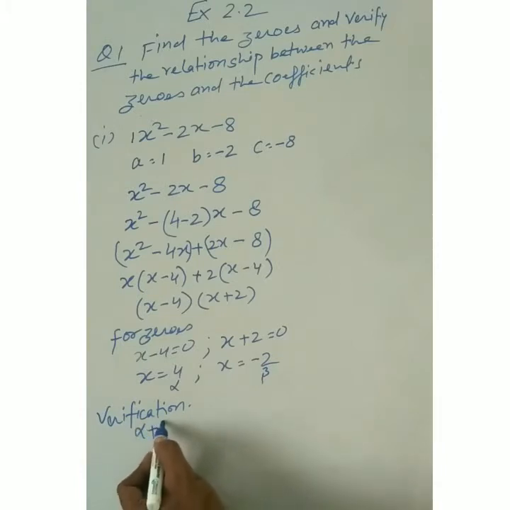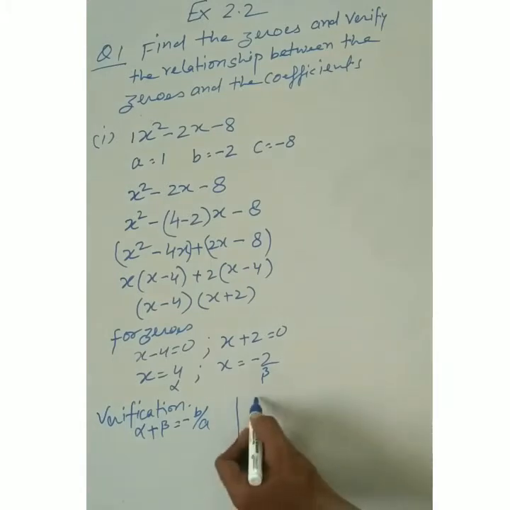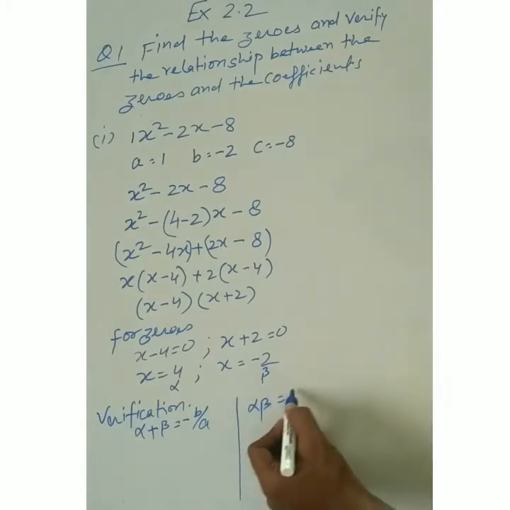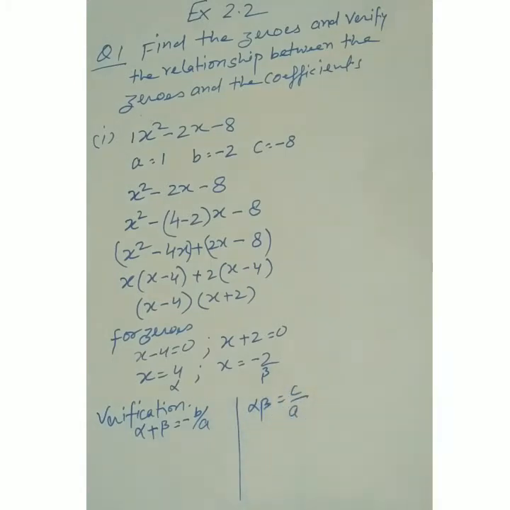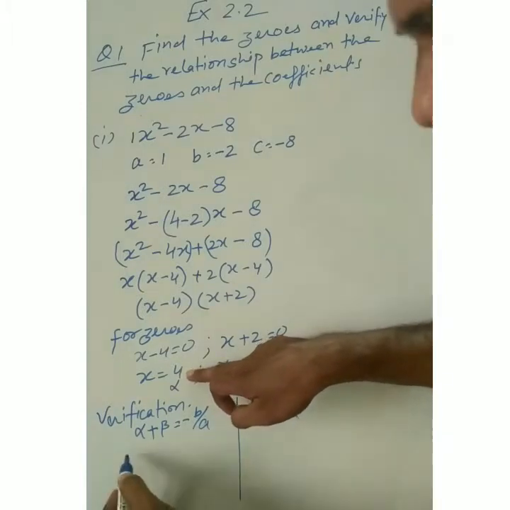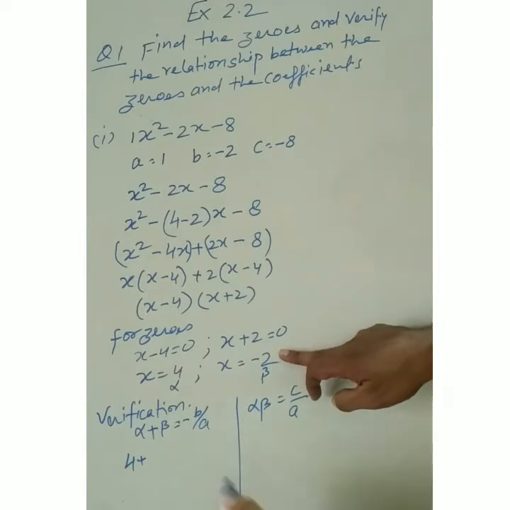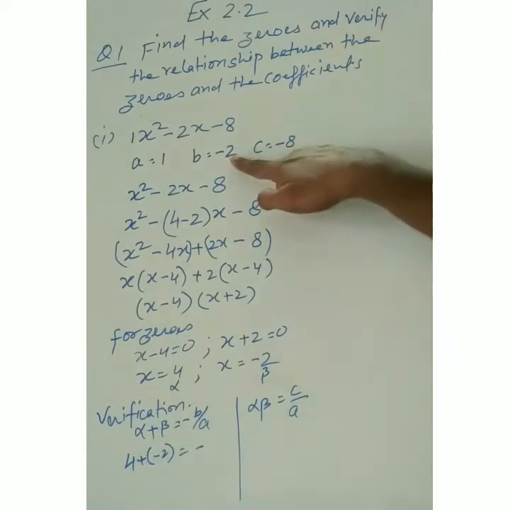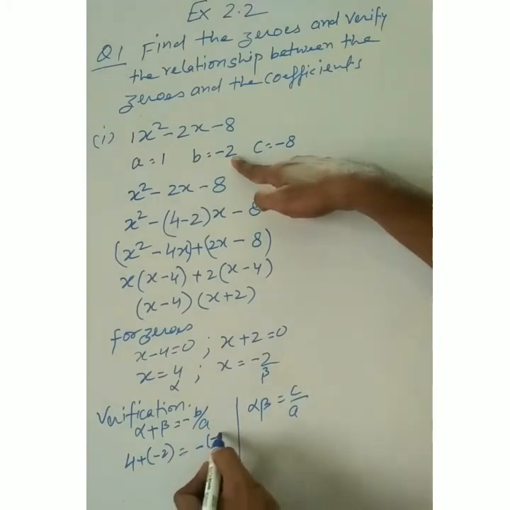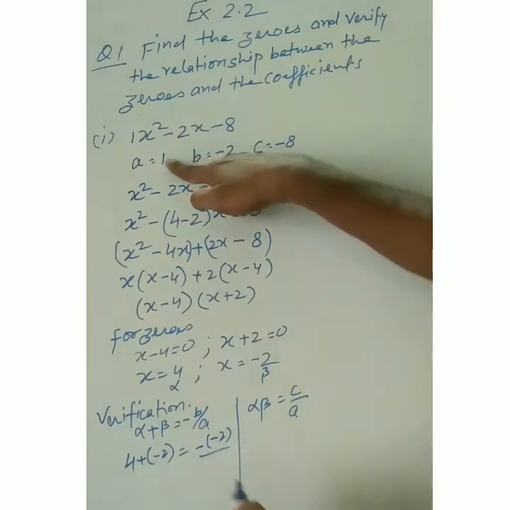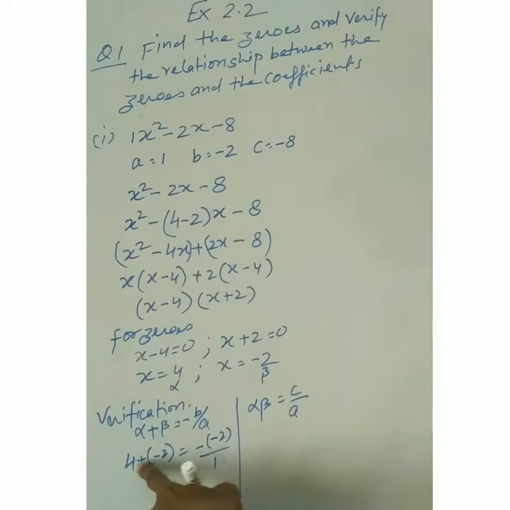Alpha plus beta equals minus b by a, and alpha into beta equals c by a. Here alpha is 4 plus beta is minus 2, b is minus 2, a is 1. 4 minus 2 is 2.